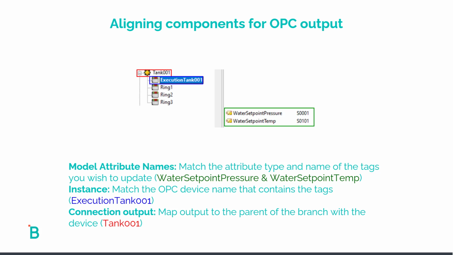So in this case, execution tank 001 would be my instance name. Lastly, the connection output needs to be mapped directly to the parent of the device. So in this case, it's tank 001, but if execution tank 001 was, let's say, nested under a folder called folder 1, then we would map it directly to folder 1.